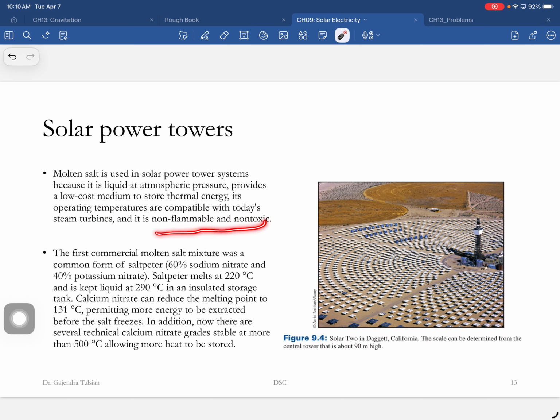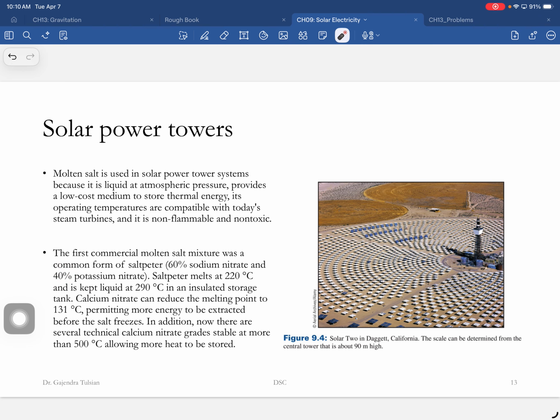Calcium nitrate, if you add this, can reduce the melting temperature to 130 degrees. See, you're trying to widen this temperature window. The higher the temperature it can go, the more heat you can store. And the lower the temperature, the more heat you can extract.